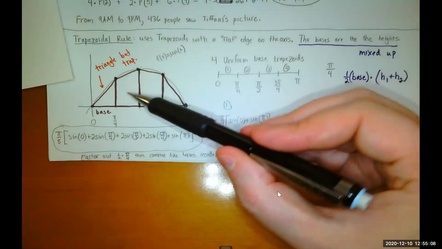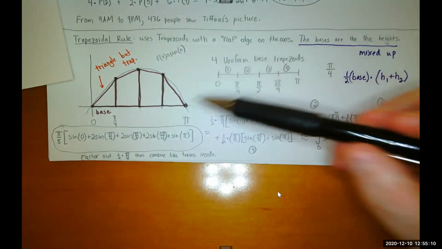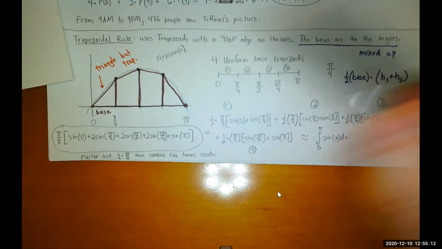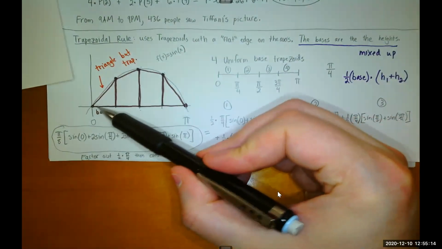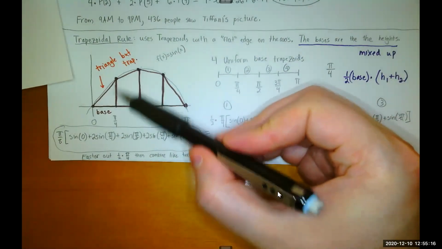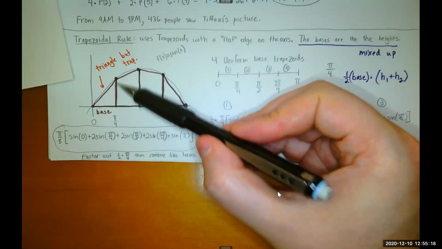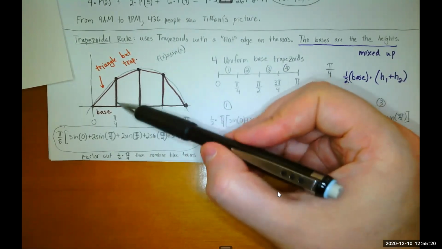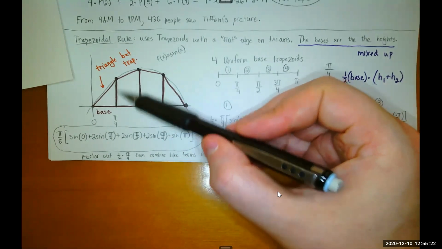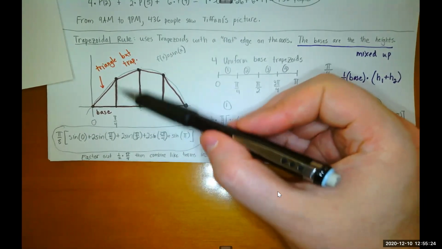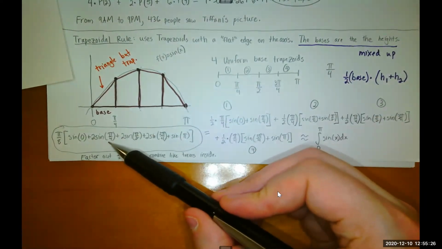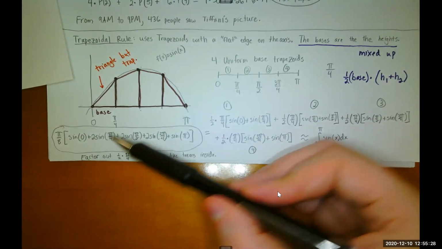And graphically, it makes sense because remember, for the first and second trapezoid, they overlapped right here on the right side of the first trapezoid and the left side of the second trapezoid, both of them at pi over 4. We did pi over 4 height twice.